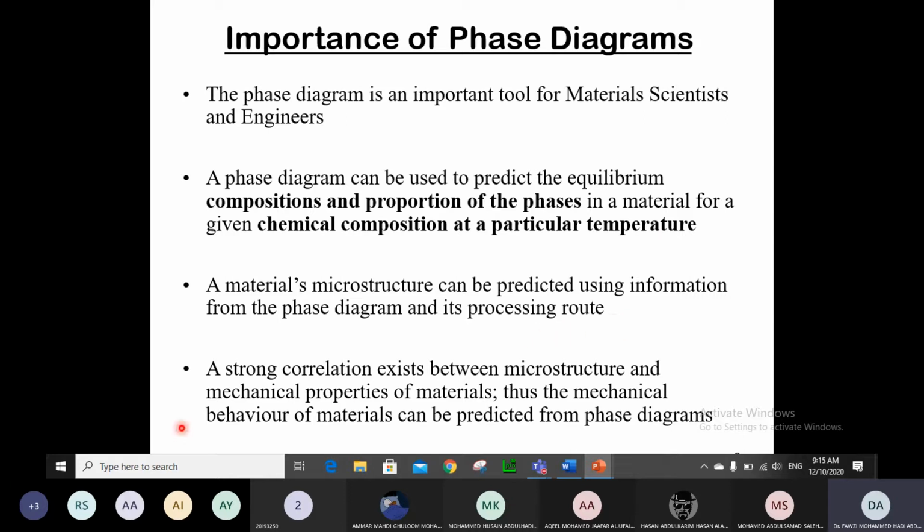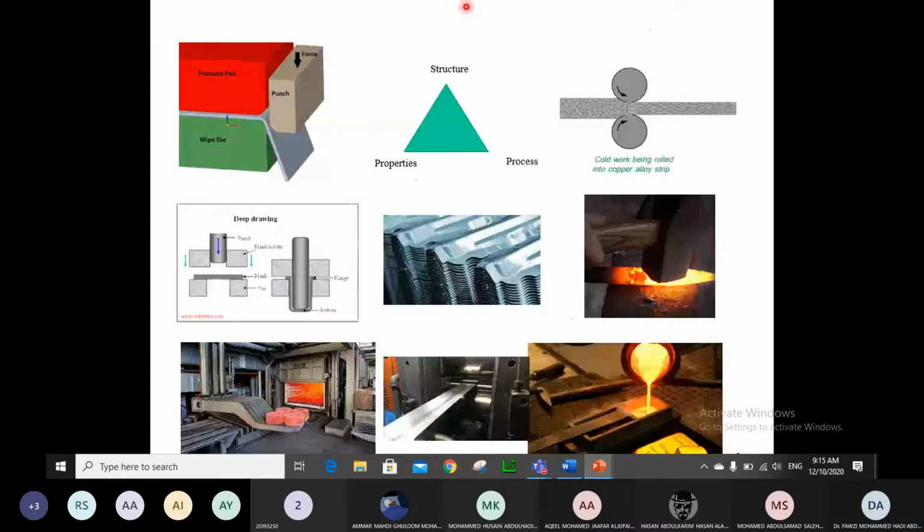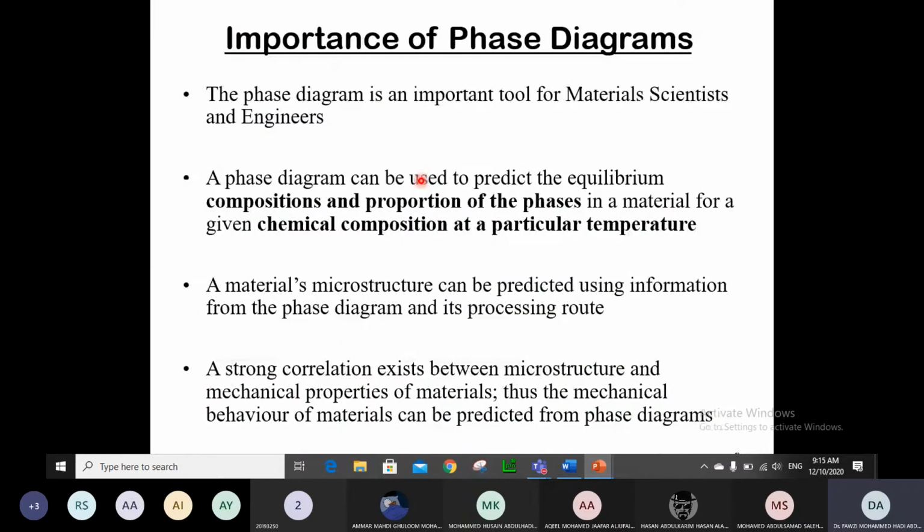Next, a correlation exists between microstructure and mechanical properties. We have been saying for a long time that structure and properties are strongly correlated. Thus the mechanical behavior or properties of a material can be predicted from the phase diagram.